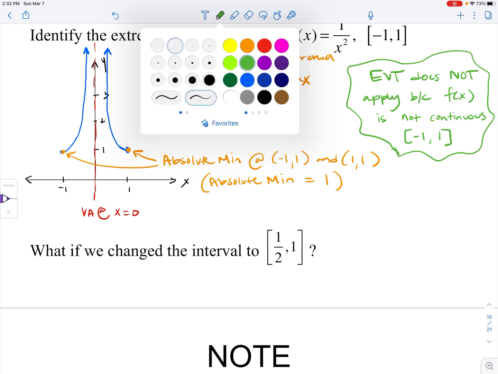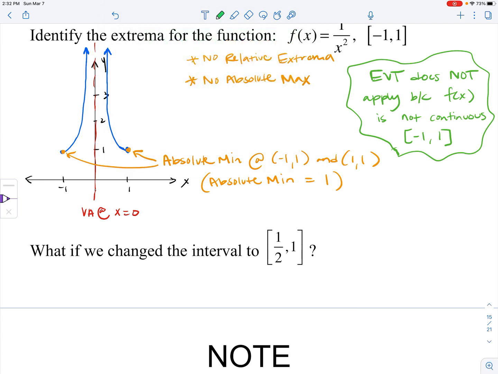Now, if we changed the interval to 1/2 to 1, let me see if I can use the same graph here. I'll use the green. So let's say 1/2 to 1.